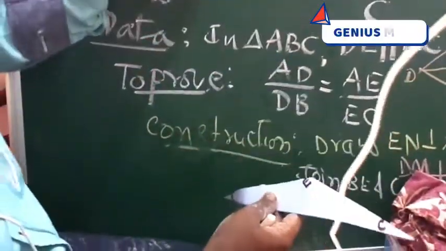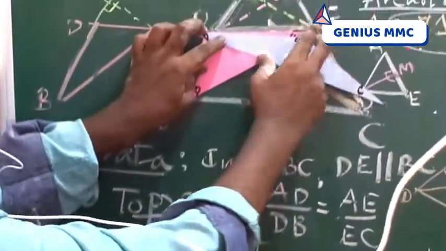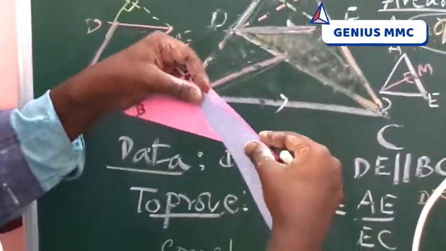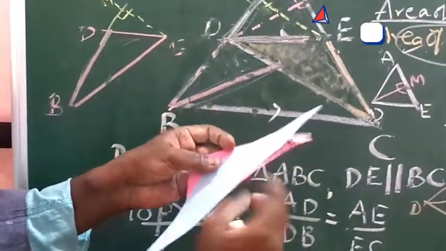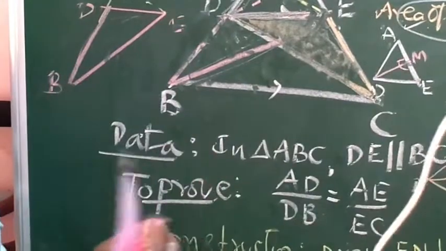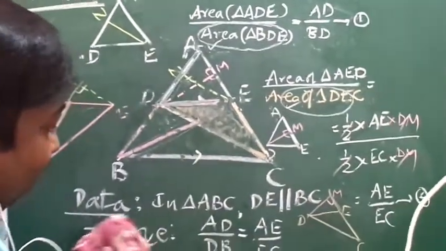They are standing on the same base between the same parallels, so the areas are equal. That's why the LHS are equal. So I will drop this portion.